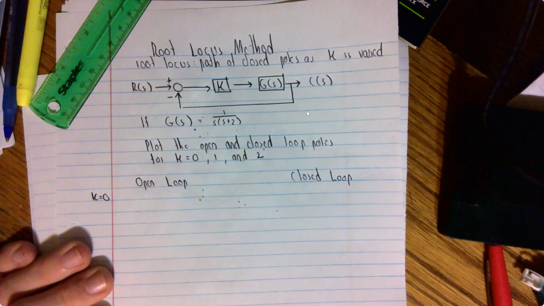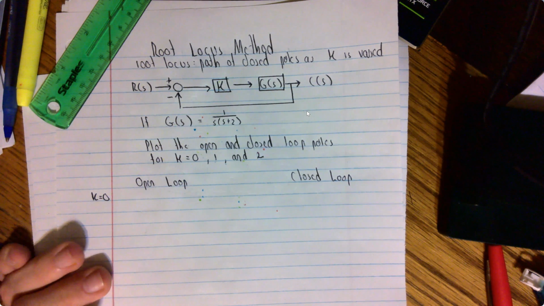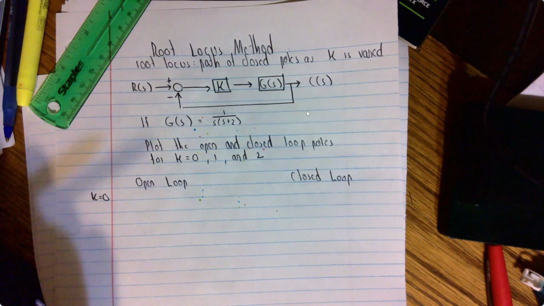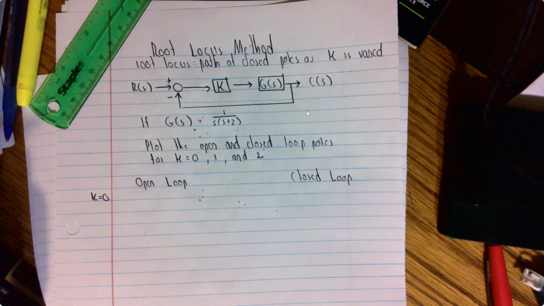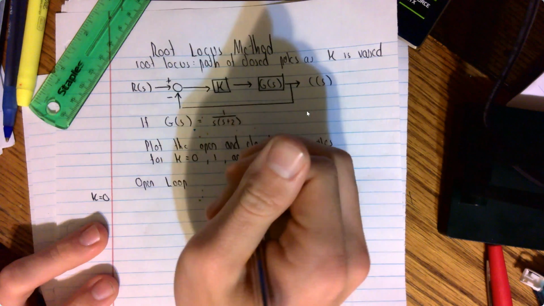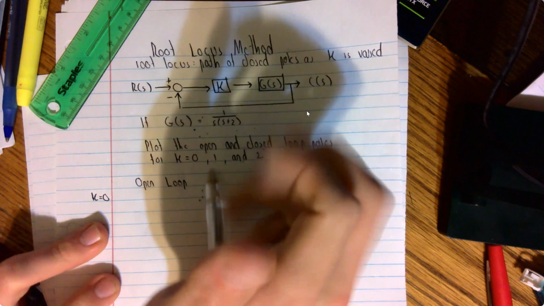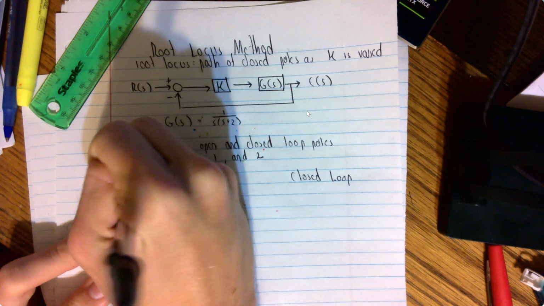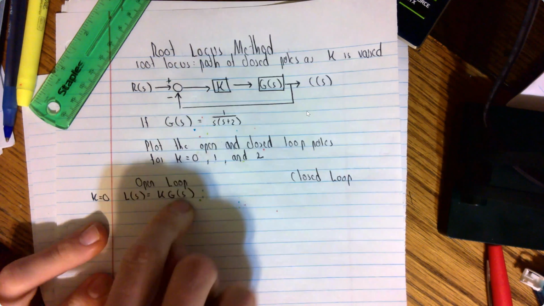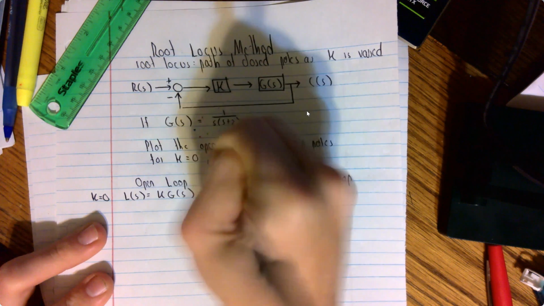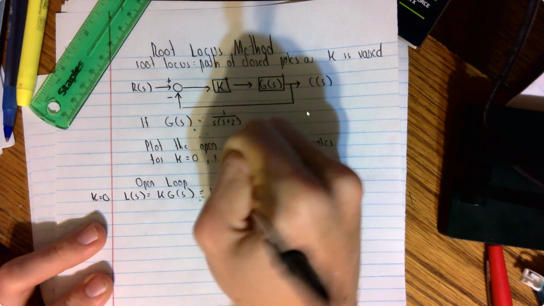If we have that right here, what it's going to look like is, right now we're going to have 0 times S over S plus 2. And so in your denominator, if we look just at our numerator and our denominator, so if we're looking at our forward loop system, for the open loop, L of S is equal to K times G of S, where G of S has a numerator, so K times a numerator polynomial all over denominator polynomial.